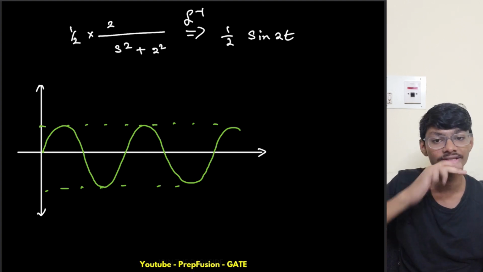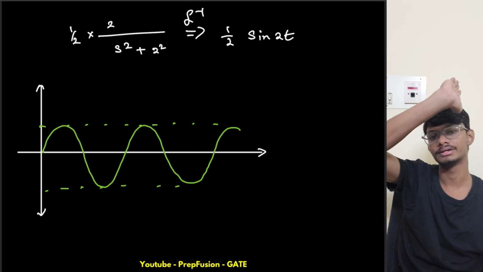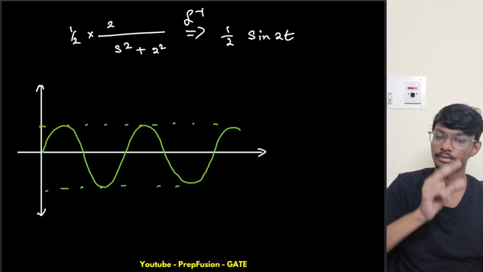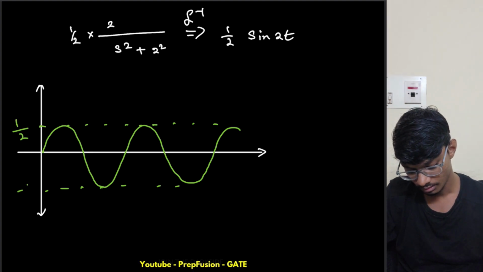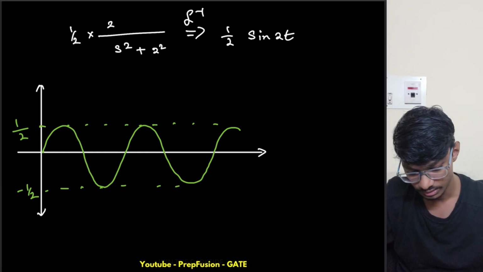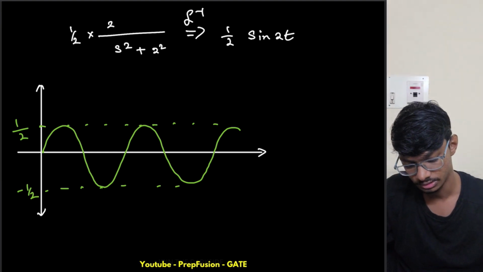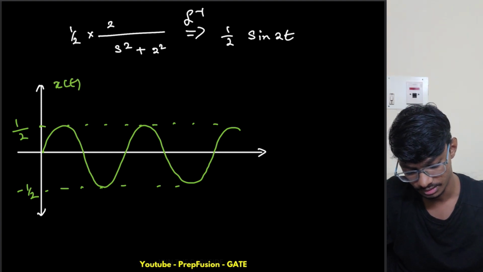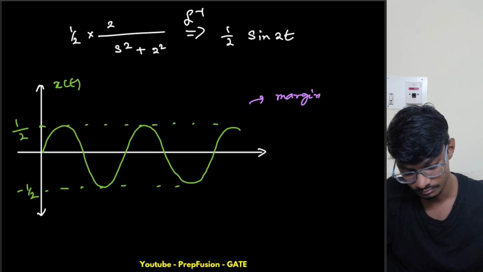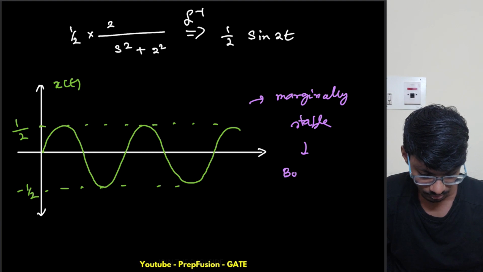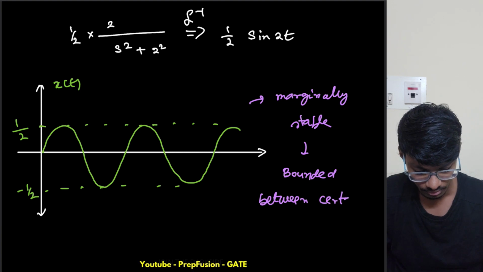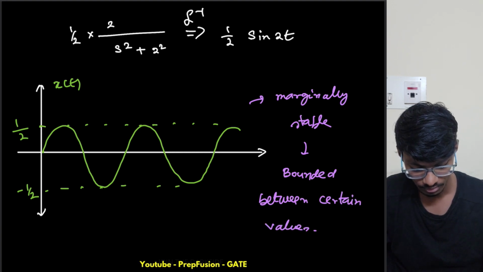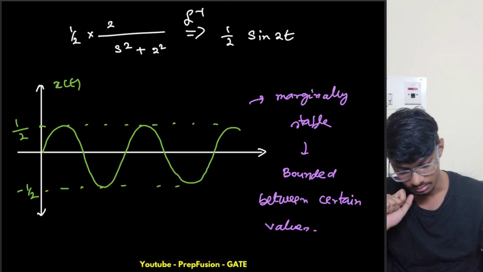Unstable means it is unbounded, going to infinity, but this is bounded between certain finite values, between half and minus half. So this is x of t, and that's why this is marginally stable.